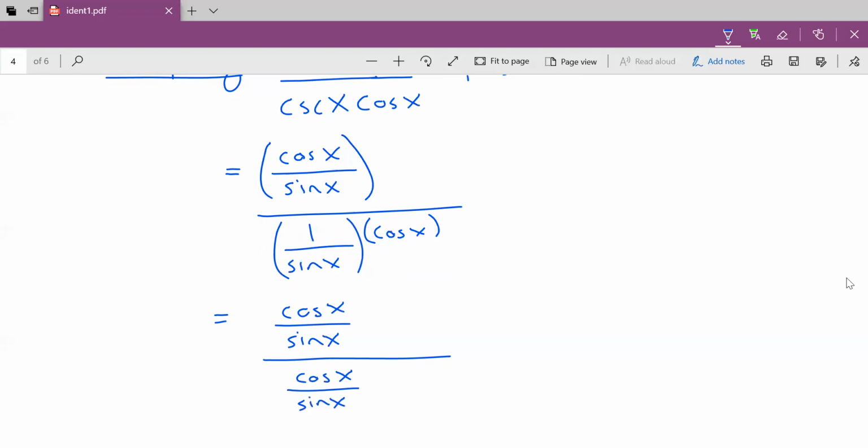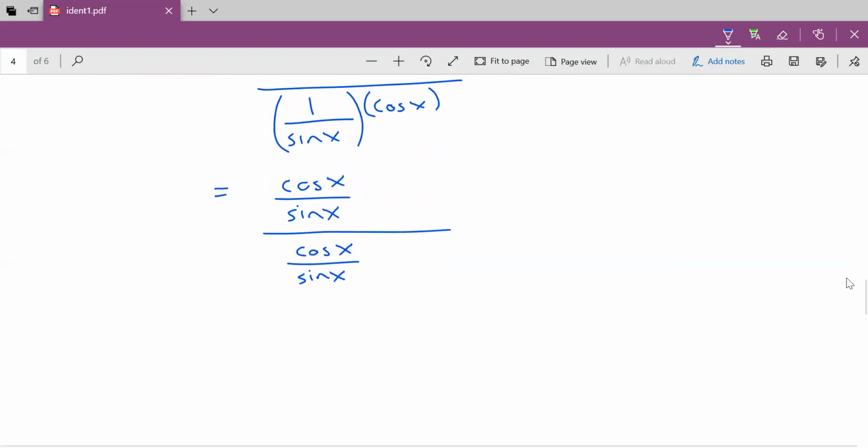Well, hey, as soon as I see that, I know I've been doing this right. Cos x over sine x divided by cos x over sine x. Well, that's 1. Hey, that's a great simplification. They're not always going to simplify down to a numeric value, but if it does, you've got to feel like you're doing this correctly. There's part A done.